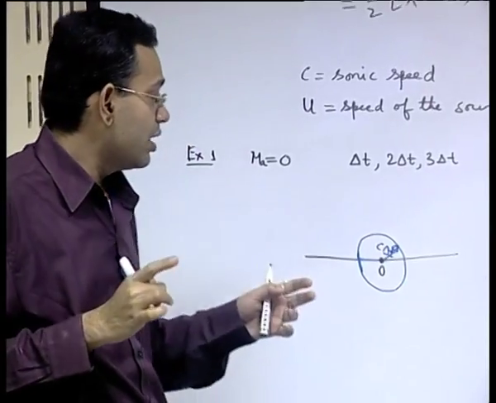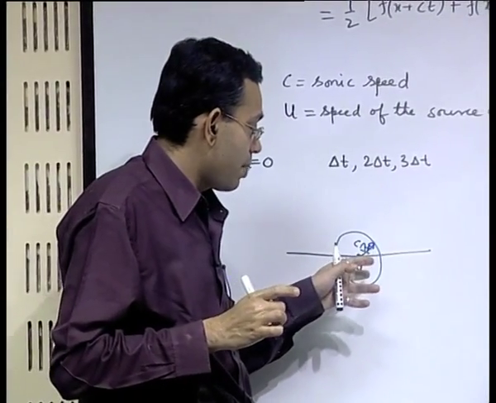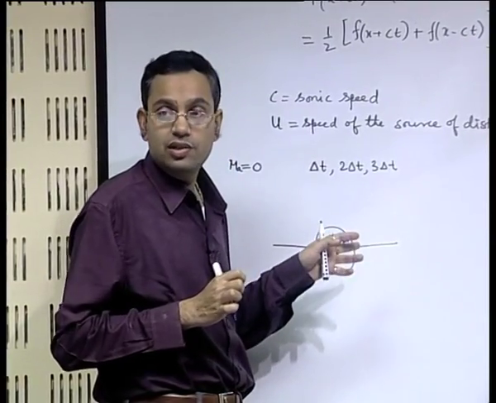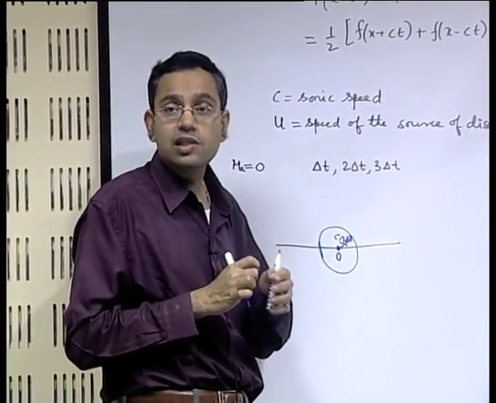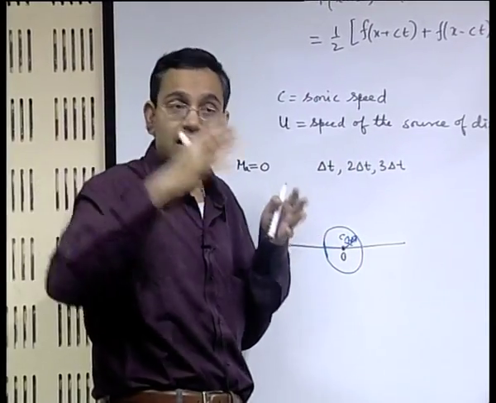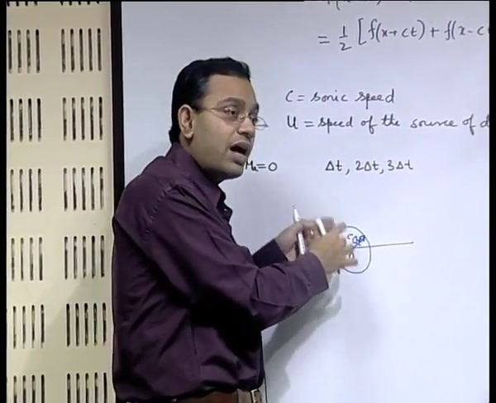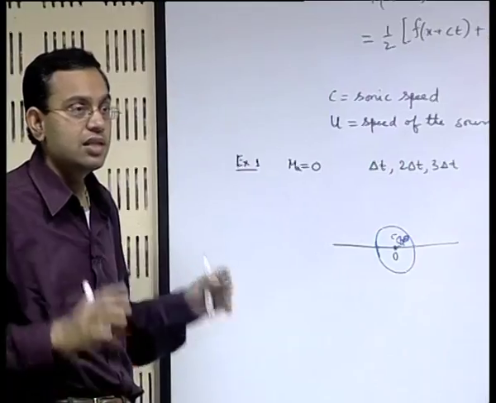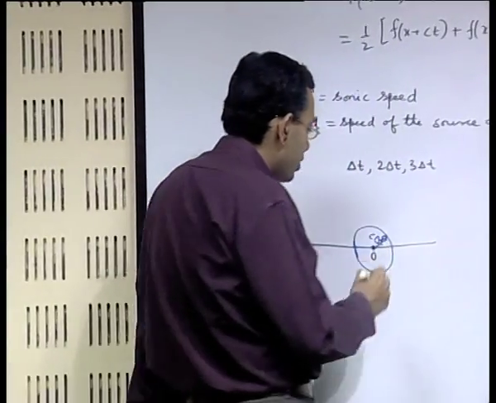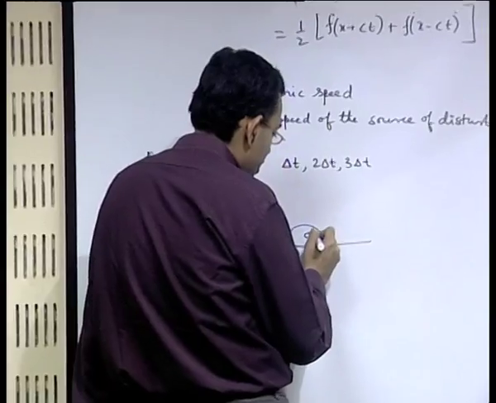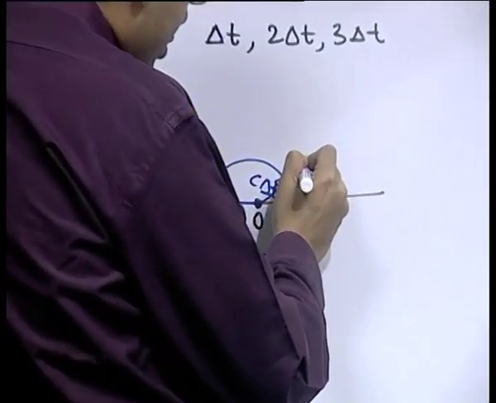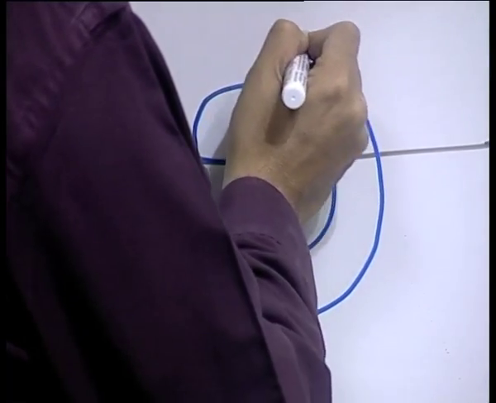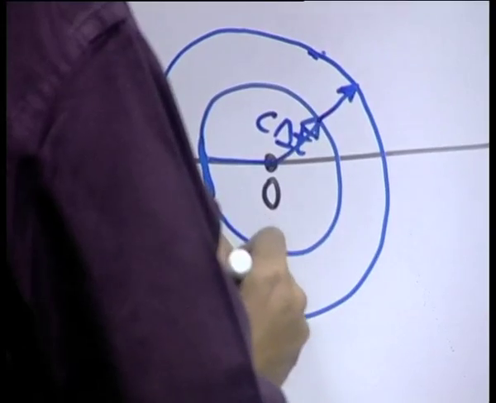See, what is the basic difference between this and the case of an elliptic equation? In elliptic equation, the disturbance is propagating at infinite speed. Here the disturbance is propagating at a finite speed, which is the sonic speed of the characteristic of the medium. So in a time 2 delta t, it will be a radius of c into 2 delta t.